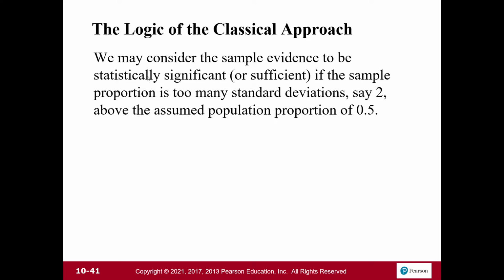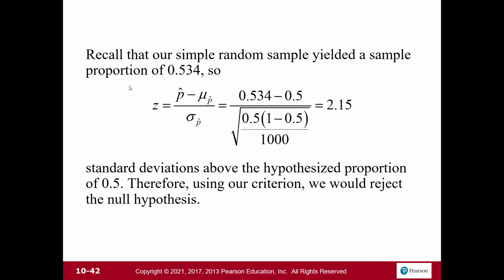The logic of the classical approach. We may consider the sample evidence to be statistically significant if the sample proportion is too many standard deviations, and we usually say about 2 deviations, above or below the mean. Here, we're converting to the z-score since we're able to model the normal shape based on these proportions.